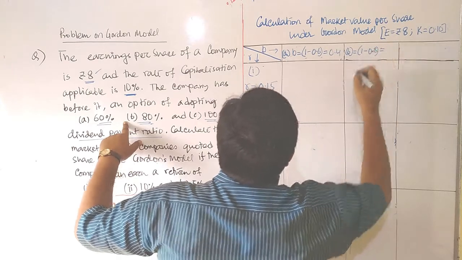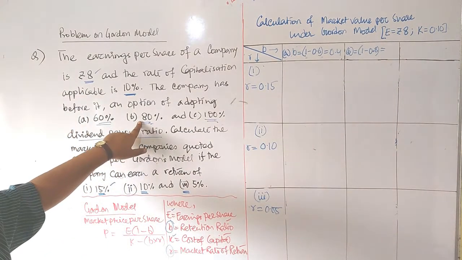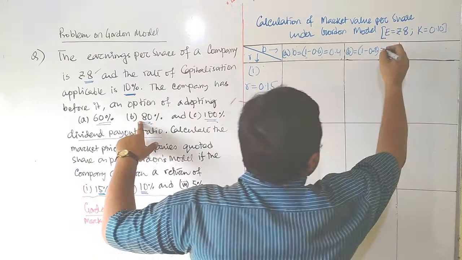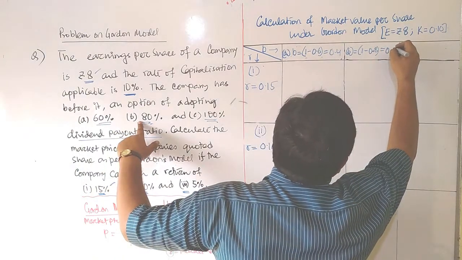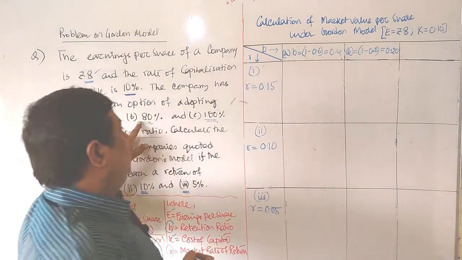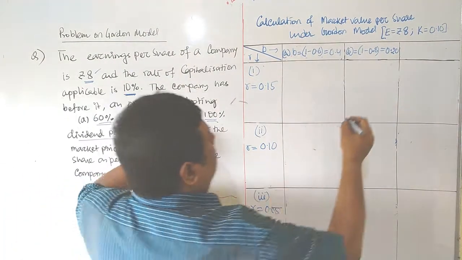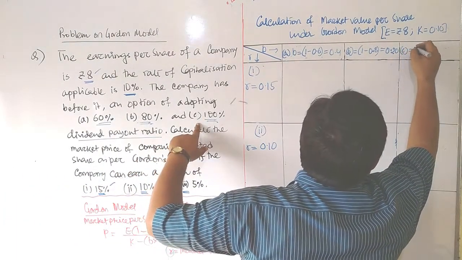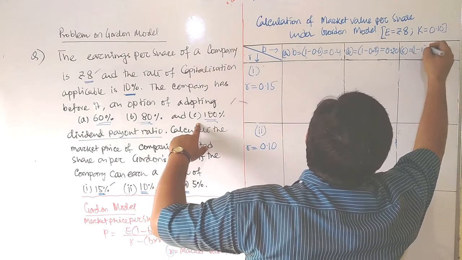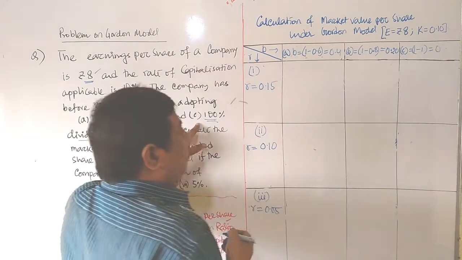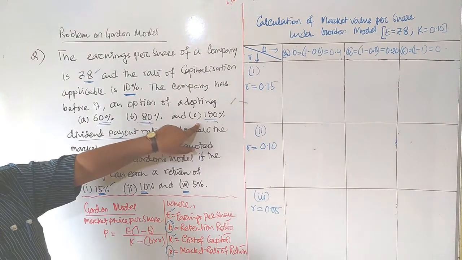Why is it 1 minus 0.8? Because here it is 80% payout. Then what proportion should we retain? 0.20. Option C, the company pays 100%. That means it should be 1 minus 1, that is 0. In option C, it is 0.